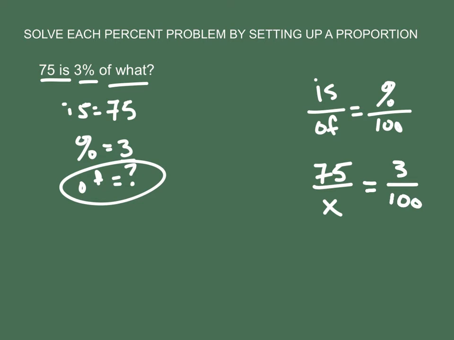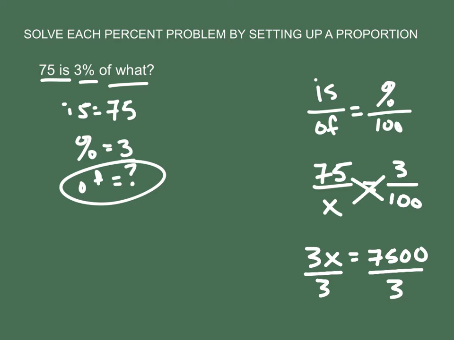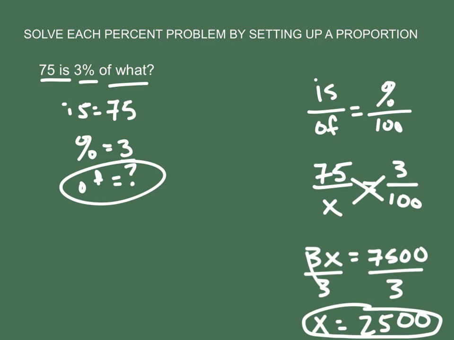Again, we cross multiply, so 3 times x is equal to 75 times 100, which is 7,500. Then divide by 3, divide by 3. And so x is equal to 2,500. That's what we're trying to figure out, and that's your answer.